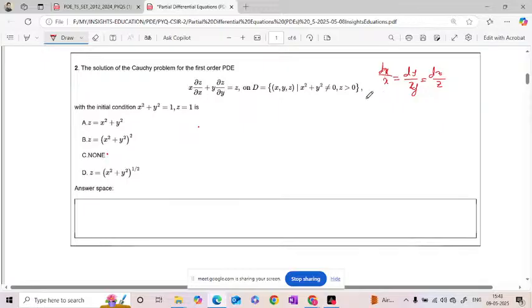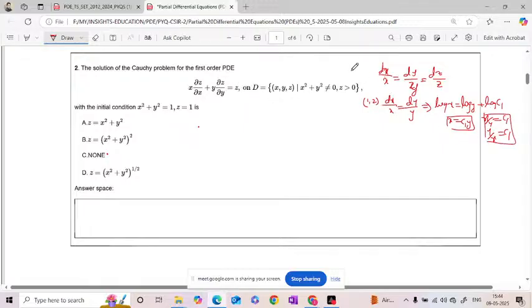So from 1 and 2, dx by x and dy by y, integration of 1 by x is log x, integration of 1 by y is log y plus constant. So x is equal to c1 y, or you can write x by y is equal to c1, or y by x is equal to c1. It is the first solution.